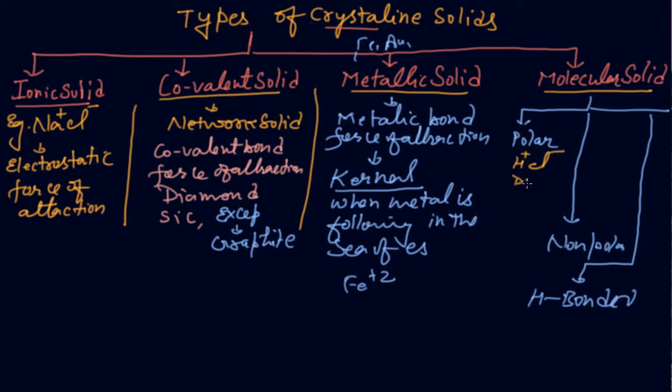Here dipole-dipole force of attraction is there, the strongest van der Waals force of attraction. HCl is a polar covalent compound, you know very well. And in non-polar, the examples are Cl2, H2, noble gases, neon, helium, etc.